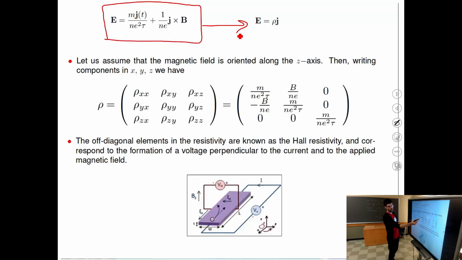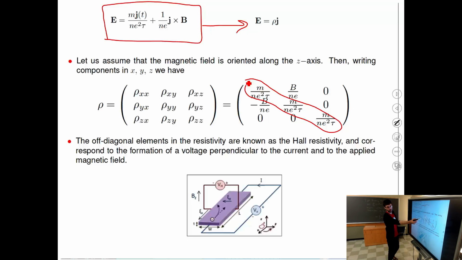Basically, the rho xx, rho yy, rho zz terms are all the same and coincide with what we found without any magnetic field, right? So these are just due to the electric field.